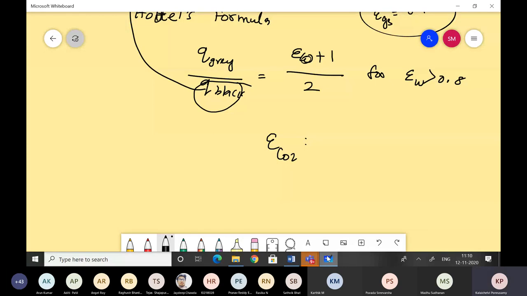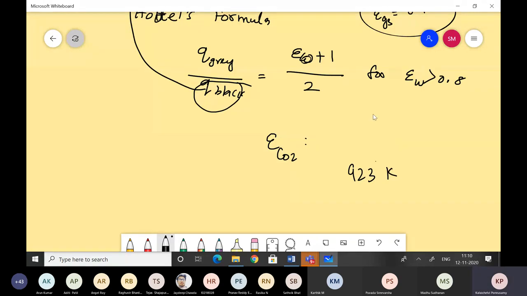What is the emissivity of CO2? 650 is in degrees centigrade. You have to convert it into Kelvin, right, because the y-axis is in Kelvin. Varsha? Yes, ma'am, I converted. It's 923 Kelvin, and the emissivity of carbon dioxide would be around 0.2.